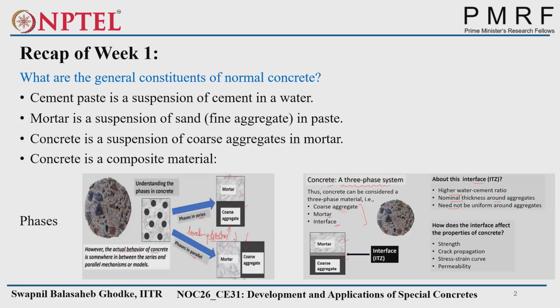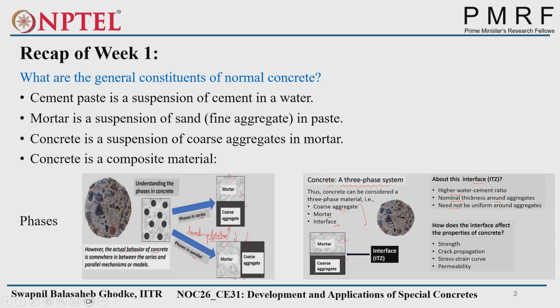So, as you said, if water is more, the strength will decrease. As I said, the water will come surrounding the aggregate, so higher water because of the bleeding of the concrete, and that higher amount of water will create less strength in the region surrounding the aggregate. If you see this image, this is the aggregate, this is the mortar.